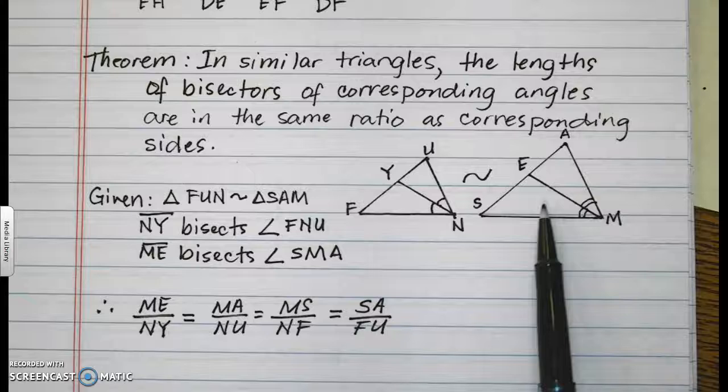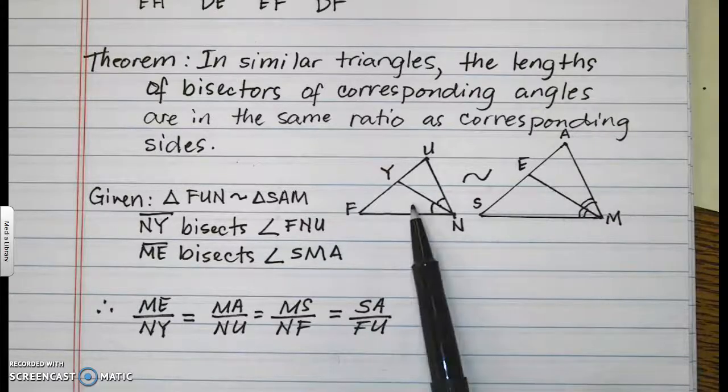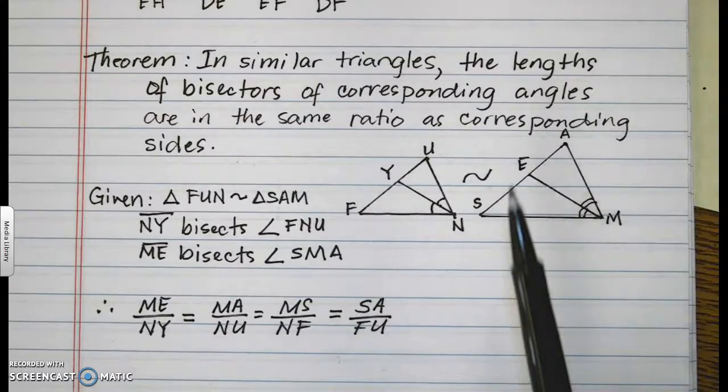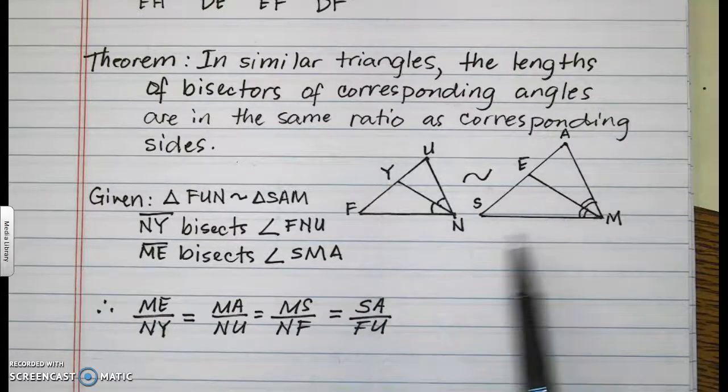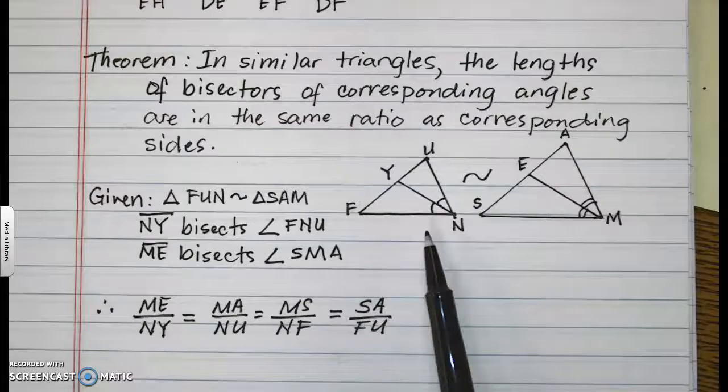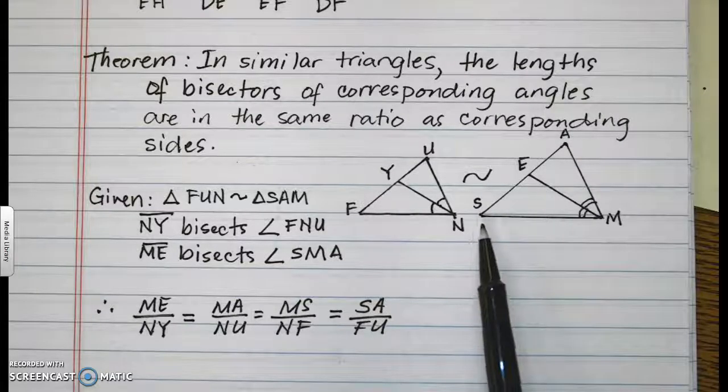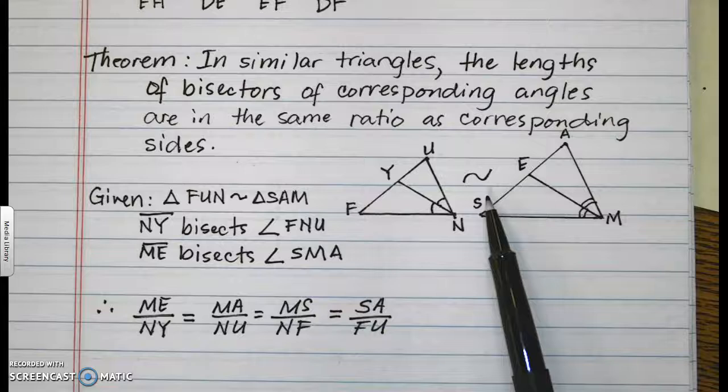the ratios of the lengths of the angle bisectors will have equal ratios to the corresponding sides. So the way I did it was I started with a bigger triangle.